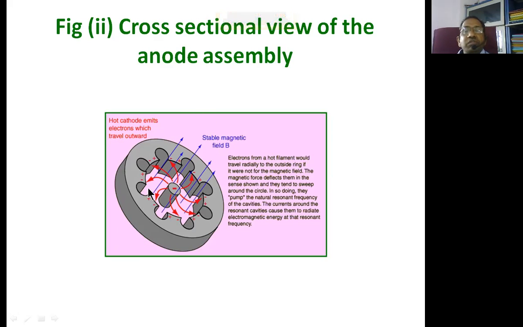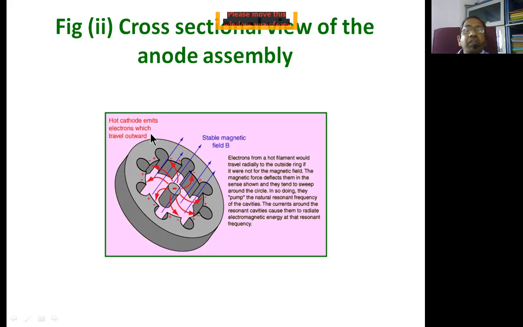In the absence of the magnetic field, the electrons will simply travel in the radial direction. That means a straight line path is going to get established for the electrons, if the magnetic field is 0.